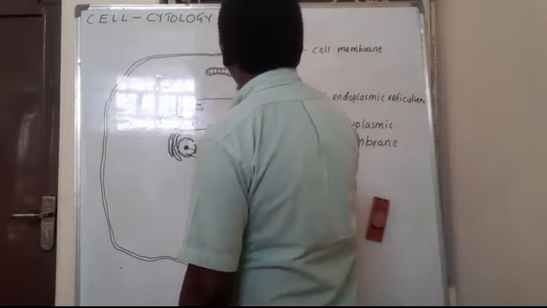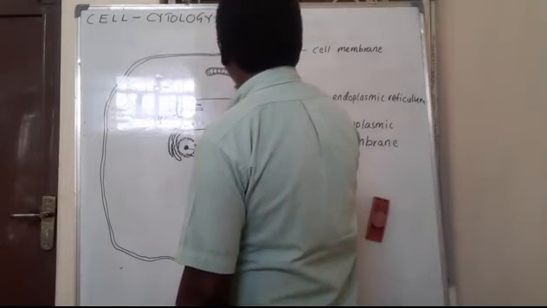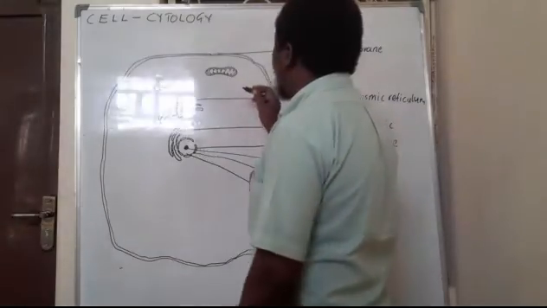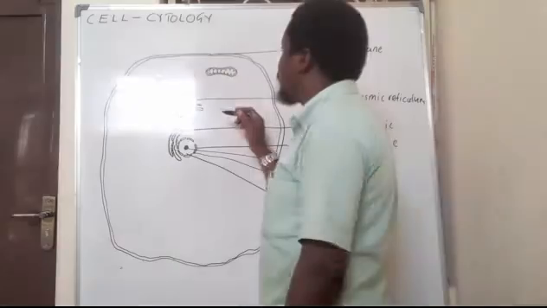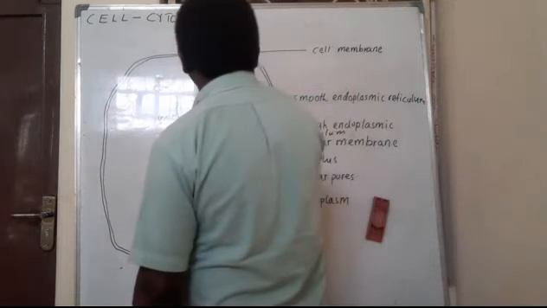A cell contains numerous mitochondria depending on its energy requirement, because they produce energy.